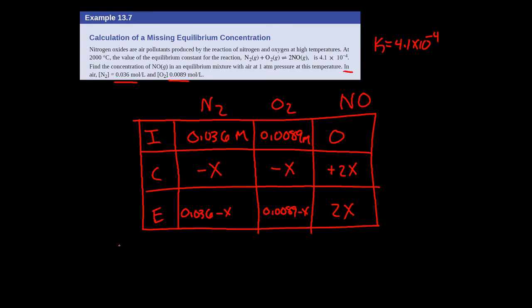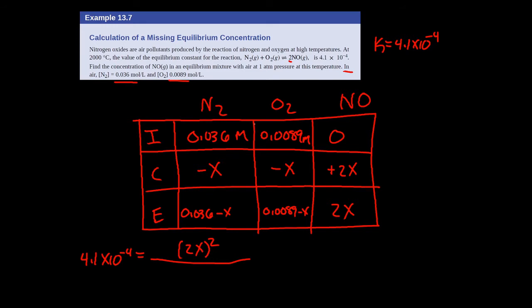All right, so I probably should have drawn this smaller because I think I'm going to run out of space. So we have 4.1 times 10 to the negative 4. That is our K value, and that is equal to products over reactants. So we're going to have 2x squared, because again it has a coefficient of 2 here, and I know some students get confused here. It's like, wait, we're double counting the 2. Yes, we are.